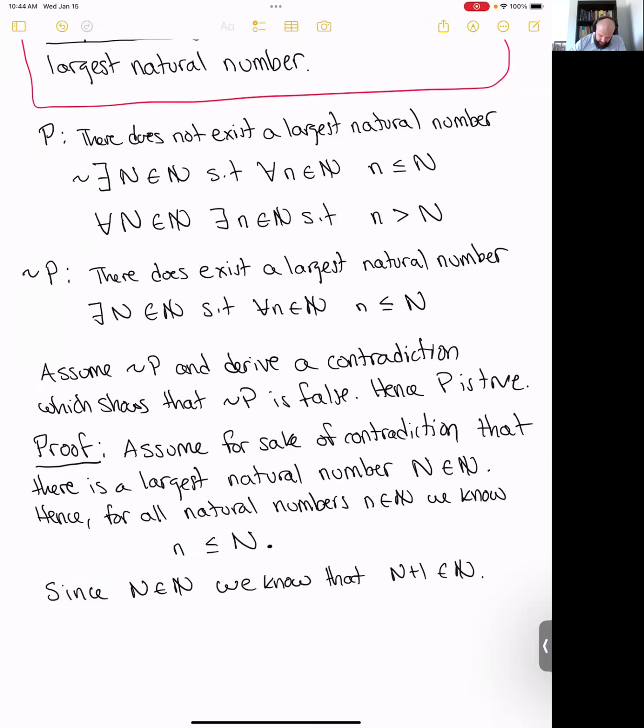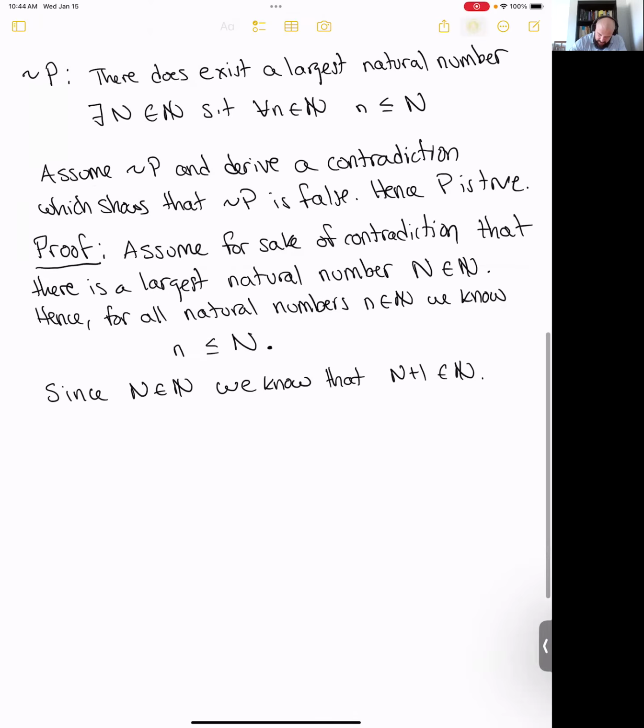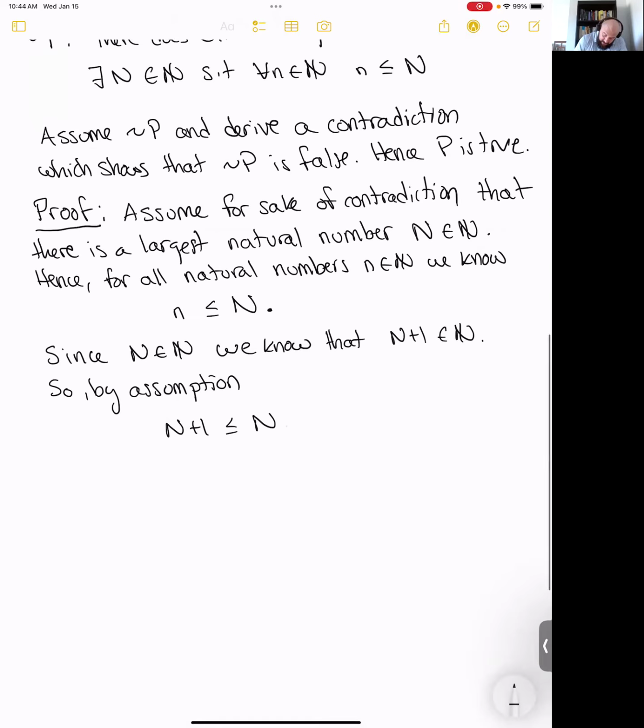Okay, that doesn't feel too significant, but it's definitely true. So by assumption, remember we said if you have any other natural number, then it must be less than or equal to capital N. So n plus 1 is some other natural number, so it must be less than or equal to capital N. Now you already might feel like this is a contradiction. Let's just make it extremely obvious.